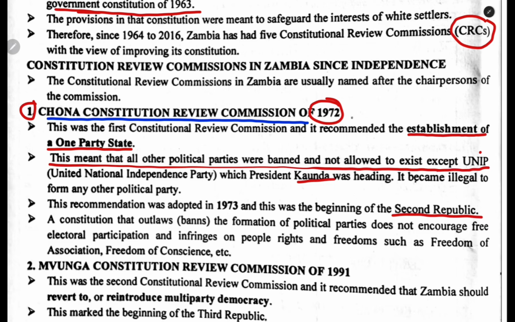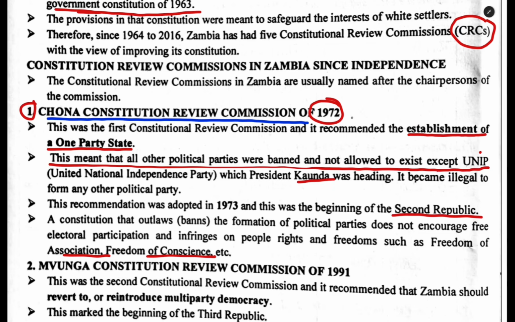So that's very important. Now, the Constitution allows the banning of the formation of political parties, does not encourage free electoral participation, and infringes on the people's rights and freedoms, such as the freedom of association and freedom of conscience. Now listen, you might find the question: which Constitution Review Commission limited the rights of citizens?